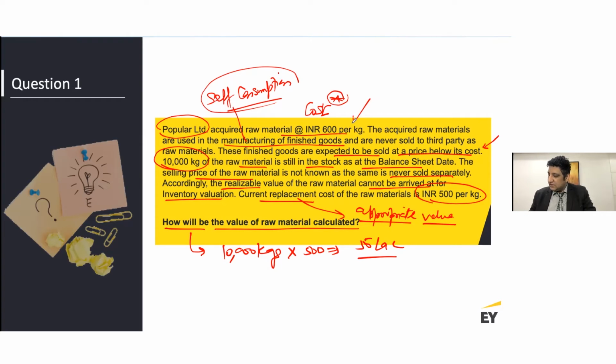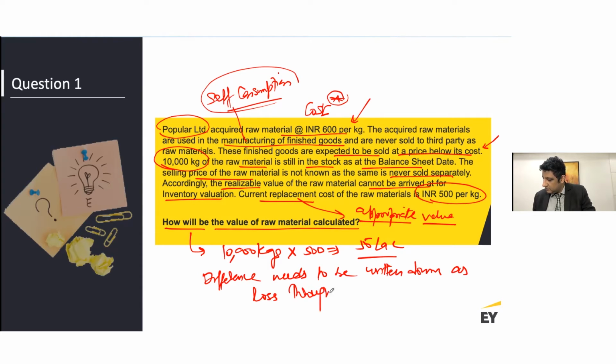The cost was 60 lakh rupees, which is 10,000 kgs into 600, which means that the difference needs to be written down as loss through the statement of profit or loss.